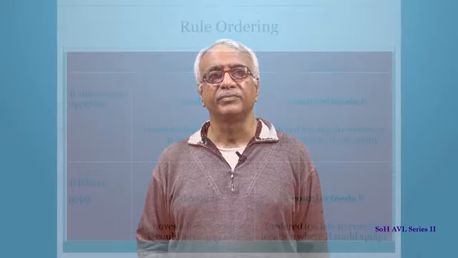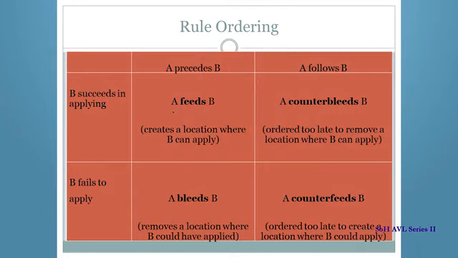Four terms about rule ordering that are commonly used by phonologists are feeding, bleeding, counterfeeding, and counterbleeding. Rule A feeds rule B when A is ordered before B, and A creates novel configurations to which B may apply. Rule A bleeds rule B when A is ordered before B and A removes configurations to which B could otherwise have applied.